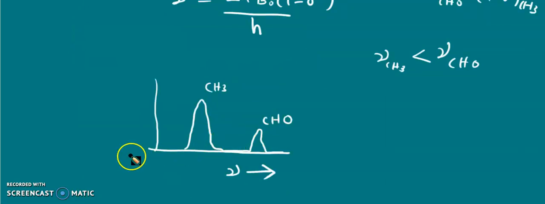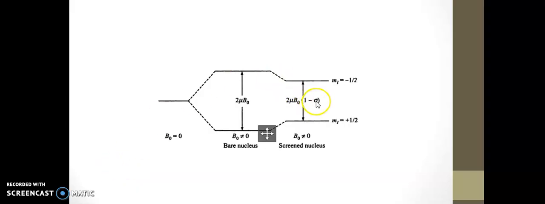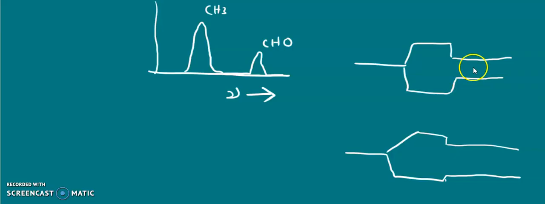So the experiment can be done in any way, but in both cases the effective energy separation between the levels is decreased, and the decrease is more severe in groups having high sigma value. When sigma is high, 1 minus sigma is very small, and since the separation is proportional to 1 minus sigma, the separation is greatly reduced in the CH3 group compared to the CHO group.